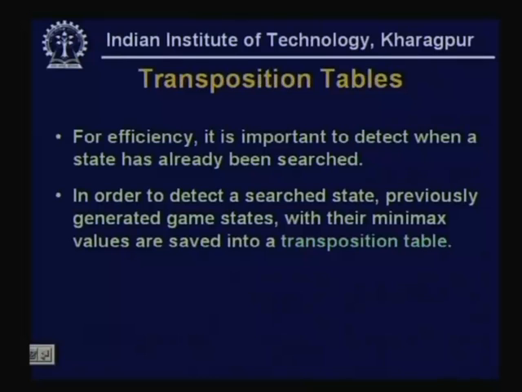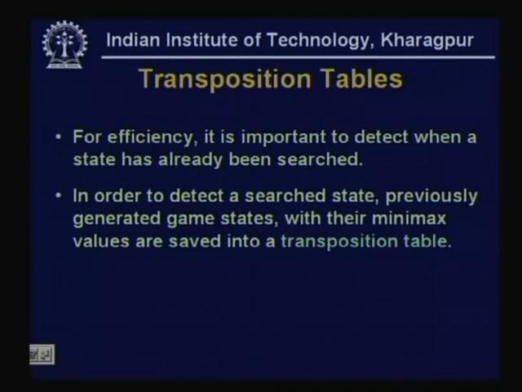Then there are certain other strategies that people have employed. For example, sometimes transposition tables are used. Some game trees or game graphs are more graph-like in nature, that is, there are many repeated positions. So, for efficiency, it is important to detect when a state has already been searched.